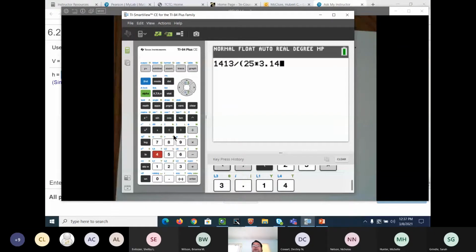Now, what that does is tell the calculator that whatever is on the bottom, since it's in parentheses, I'm going to take that number and divide it into 1413. If you don't do the parentheses, then the calculator will go from left to right and do 1413 divided by 25, and then take that number and multiply it by 3.14, and you'll get the wrong answer.